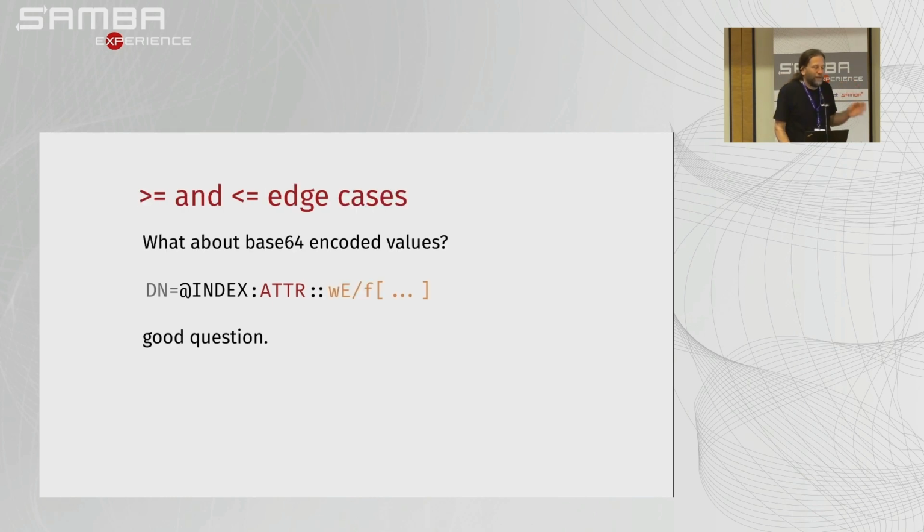And there are edge cases. Before, I was talking about the base 64 encoded things. Well, they don't really work with this greater than or less than. They end up sorting, I guess, wherever a colon would be, and then they sort however the base 64 sorts, which, well, actually possibly that works if everything is base 64 in that attribute, or maybe not. They'll be in some order.